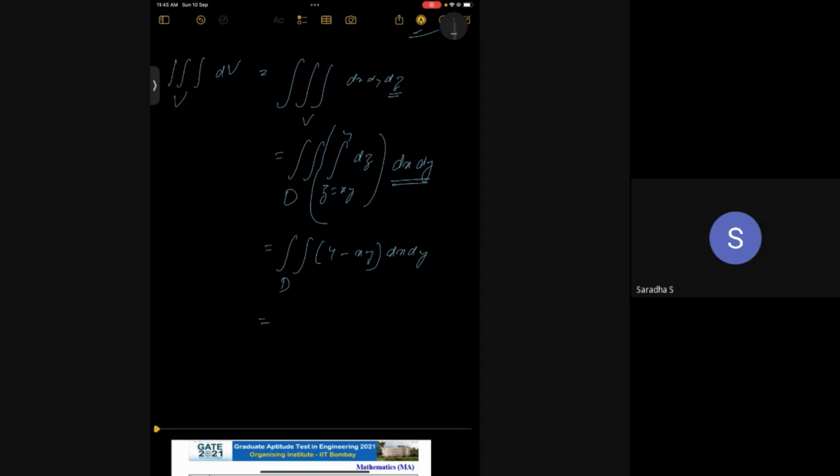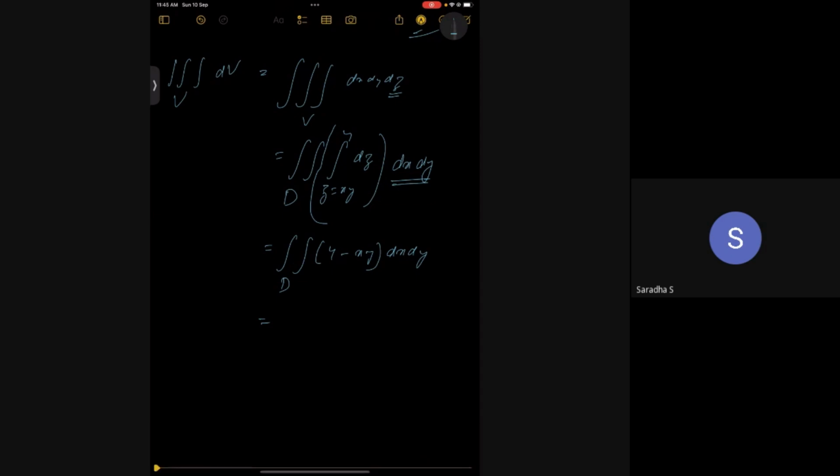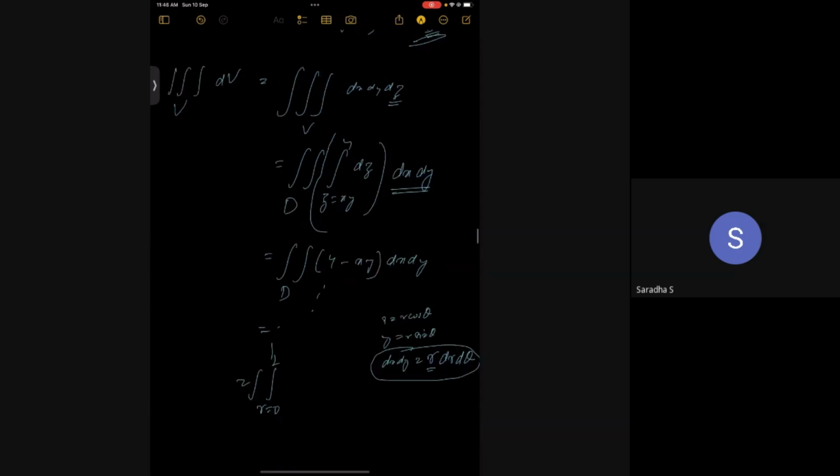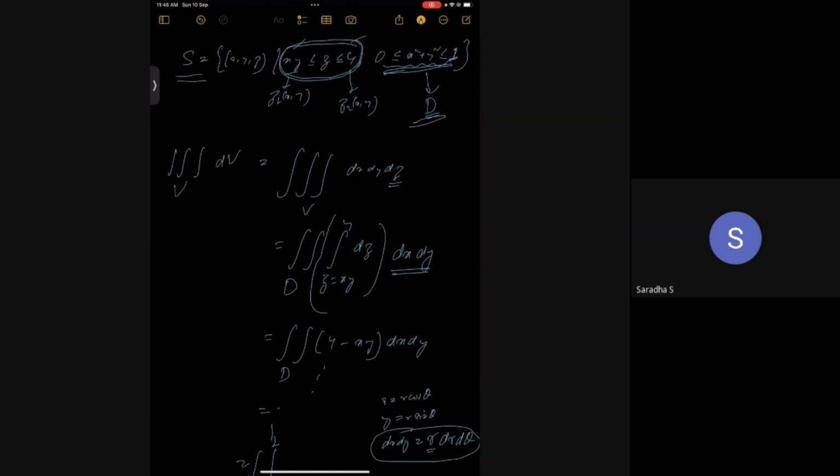And again, because D is a disk of radius 1, let's use the polar coordinates again. x equal to r cos theta, y equal to r sin theta, and dx dy. Again, I remind you that there should be an r first and then dr d theta. Don't forget this r when you replace dx dy. If you do it, then the expression becomes r goes from 0 to 1 because it was a unit disk, right? x squared plus y squared lying between 0 and 1.